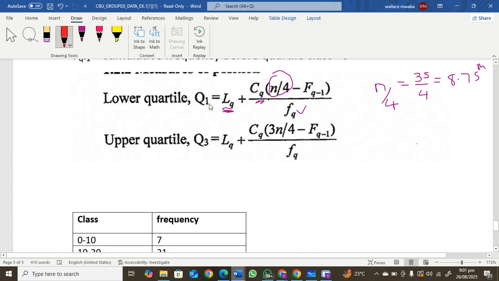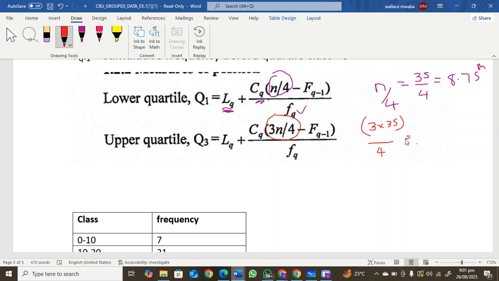So to determine the position, it is 3n over 4. So it means 3 times n, which is 35, over 4.